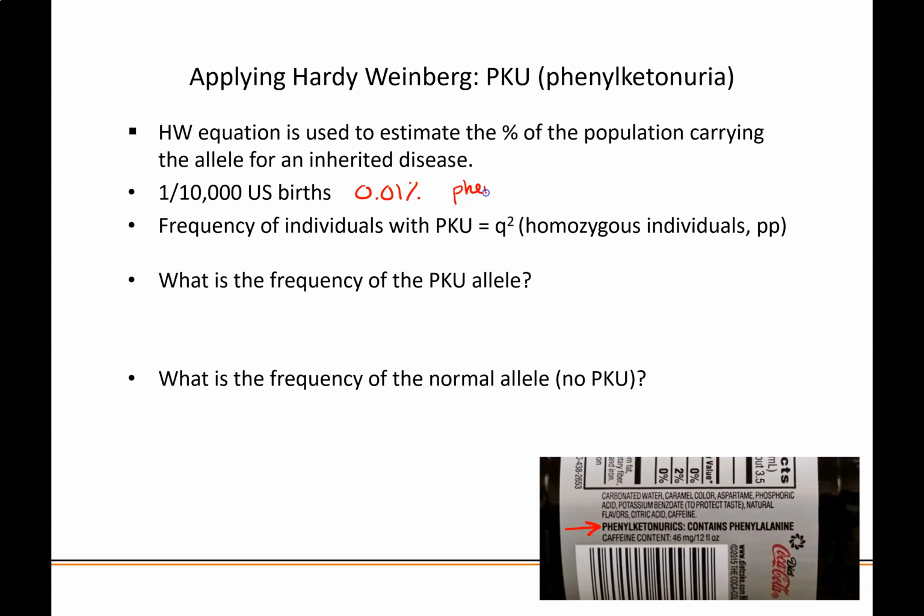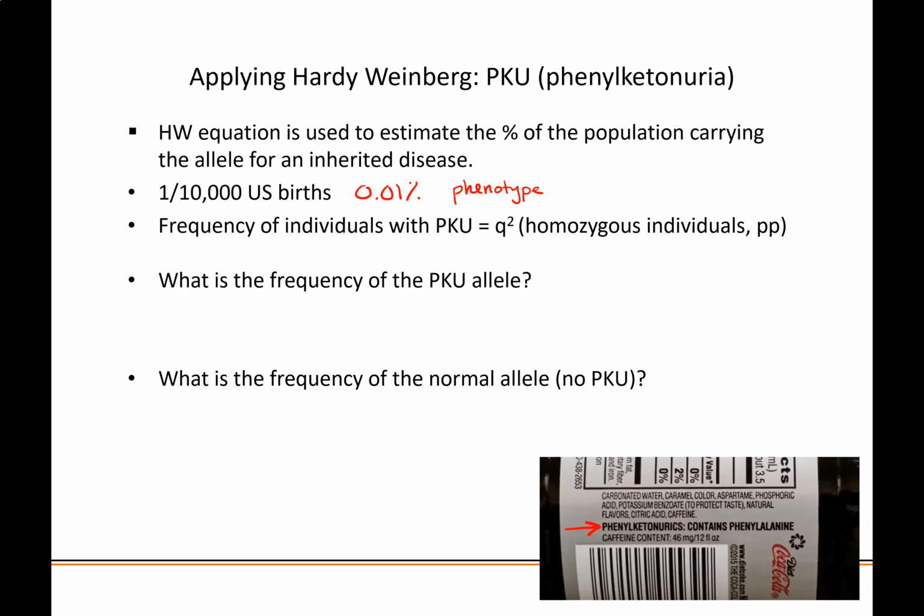So we are given a phenotype. Remember that I asked you to look at each Hardy-Weinberg problem that you're given, and determine whether or not you are given an allele frequency or a phenotype. So we are told that 1 in 10,000 individuals are affected, which means we are given a phenotype.